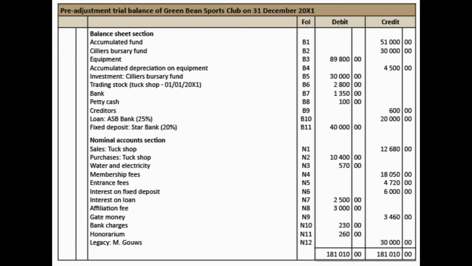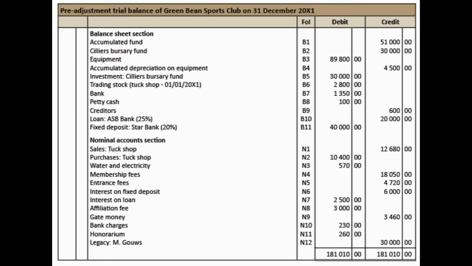Okay, so you open your interest on loan account, make yourself that T account. On the debit side, just write B for balance, 2,500, and then do the double entry for the adjustment. You're going to debit interest on loan with 2,500, and you're going to credit expenses accrued.